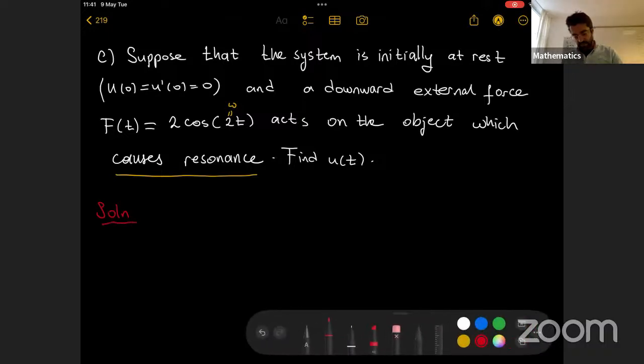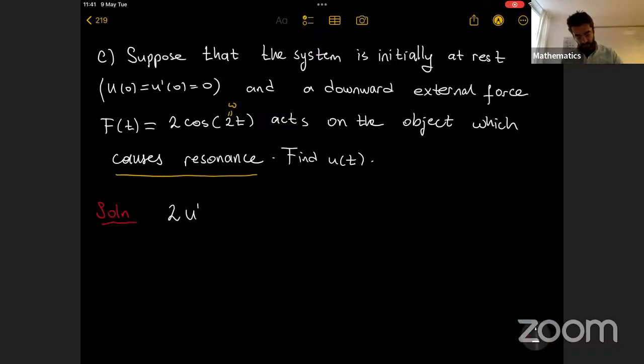Well, again, we start with the equation of the system. It's 2u'' as in the previous part, plus 8u is equal to 2 times cosine 2t, right? This is the equation. Now we will solve it. We first solve the homogeneous part. And as in the previous example, the homogeneous part is the same.